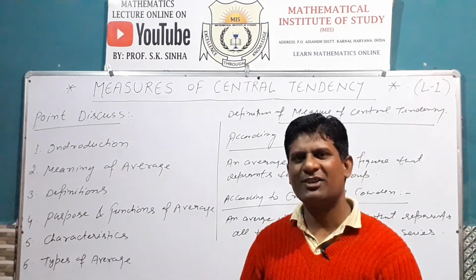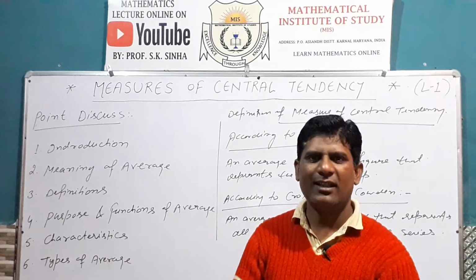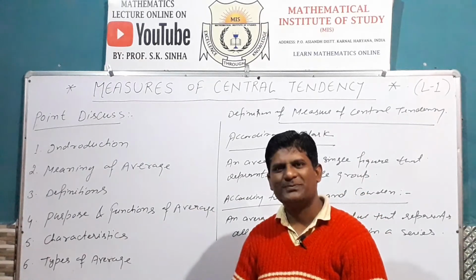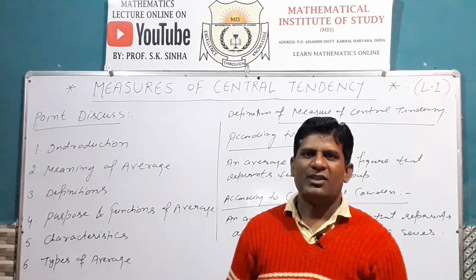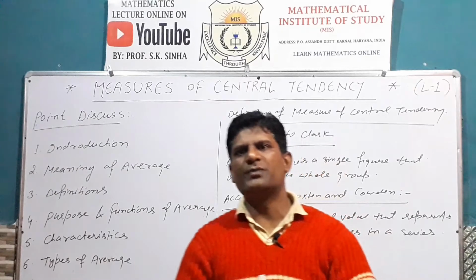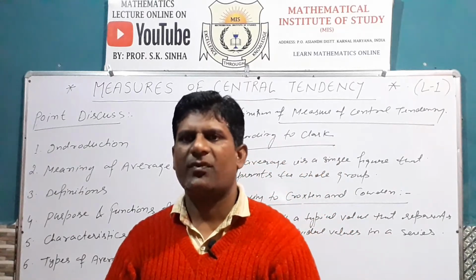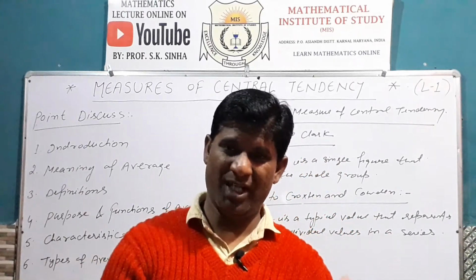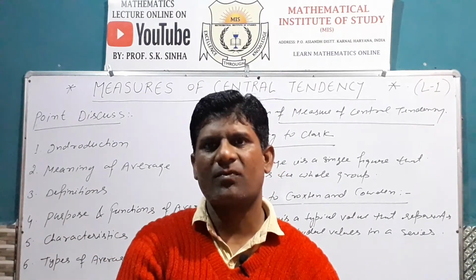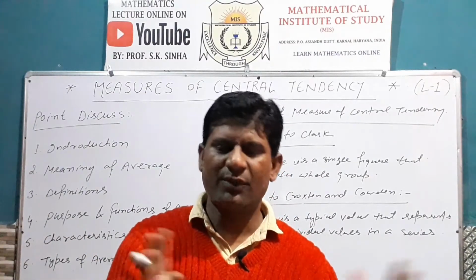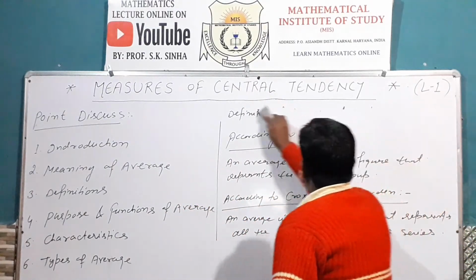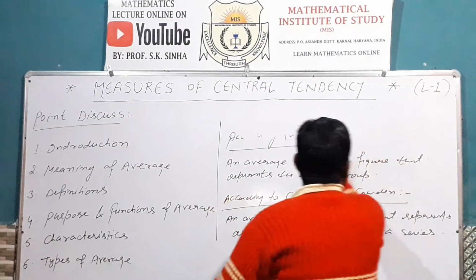What is the purpose of the average and function of the average? Some of the important functions and purposes of the average are 4 or 5 types. First of all, write down please, brief description.